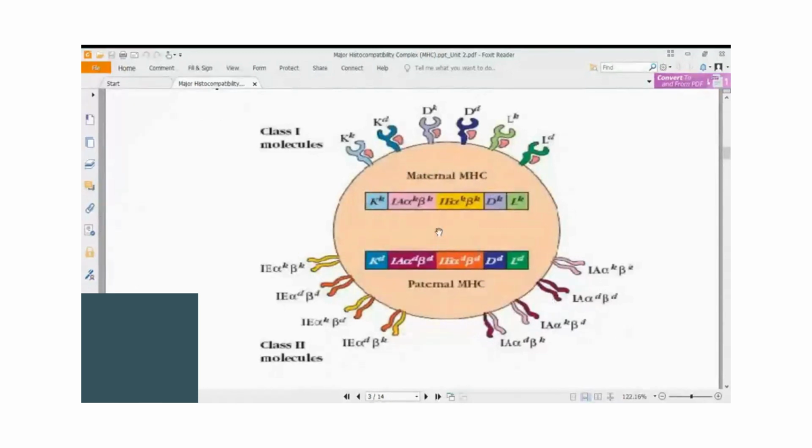Macrophages and dendritic cells, being professional antigen presenting cells, have this ability of expressing both class 1 and class 2. Similarly, B lymphocyte, which is a non-professional antigen presenting cell, also expresses both class 1 and class 2 MHC if it comes in contact with the foreign antigen. Otherwise, it doesn't express class 2 MHC, but it will express class 1 MHC.